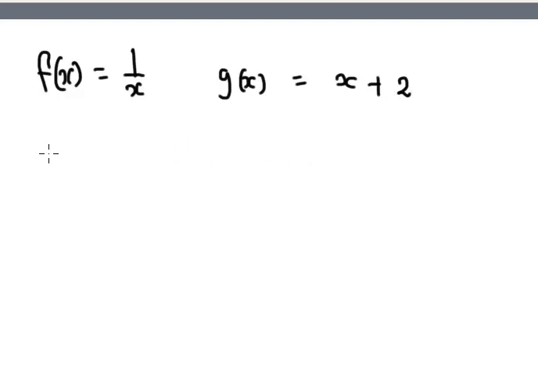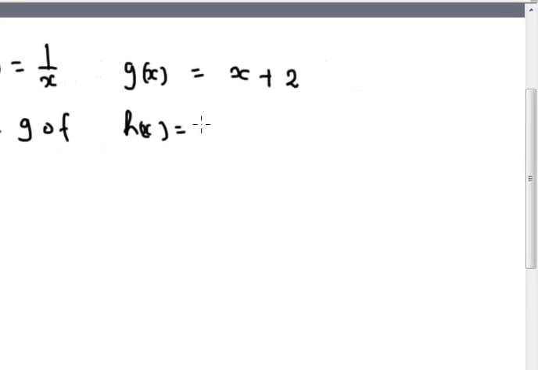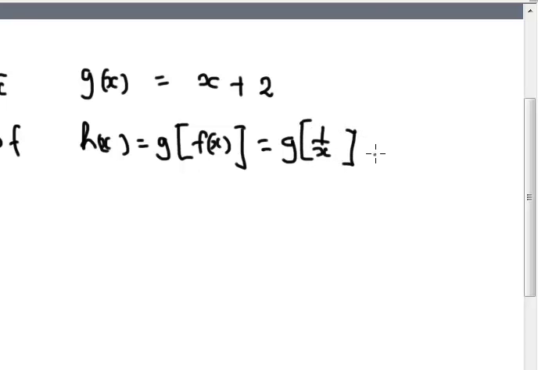Now, we did h, which was g composed with f, and then we did that it was h of x equals to what? g of f of x, and then that equals to g of 1 over x, which gave us what? 1 over x plus 2.